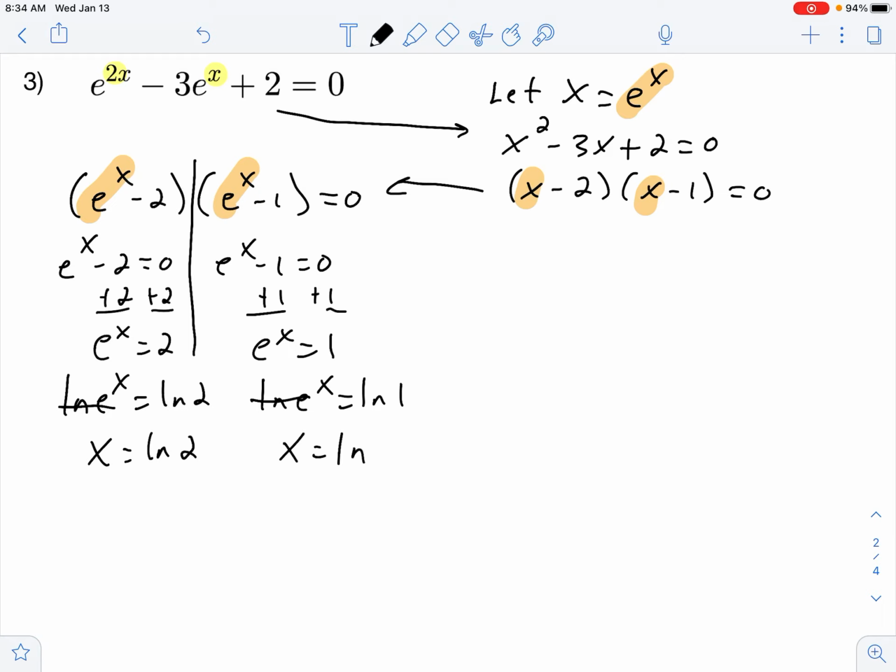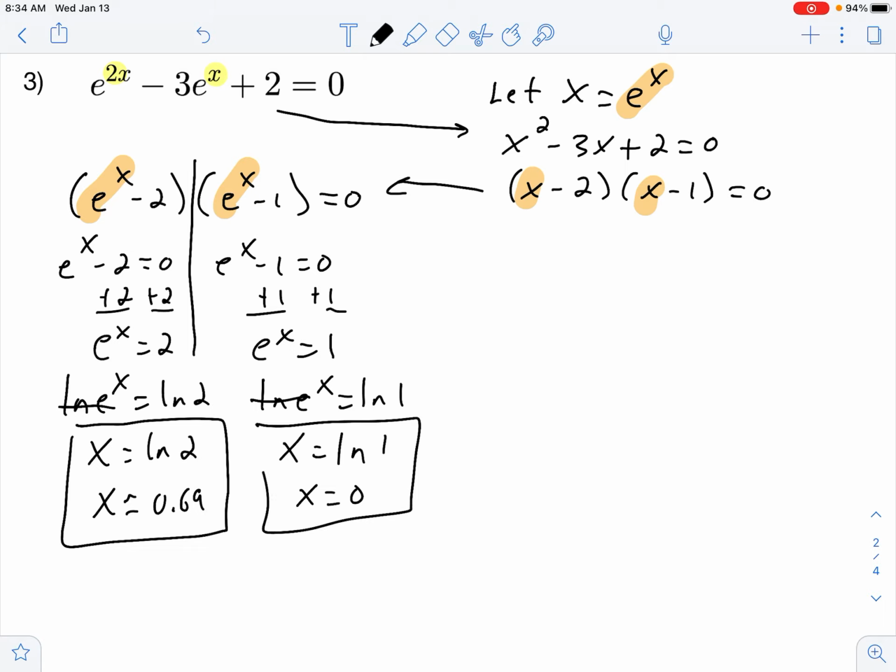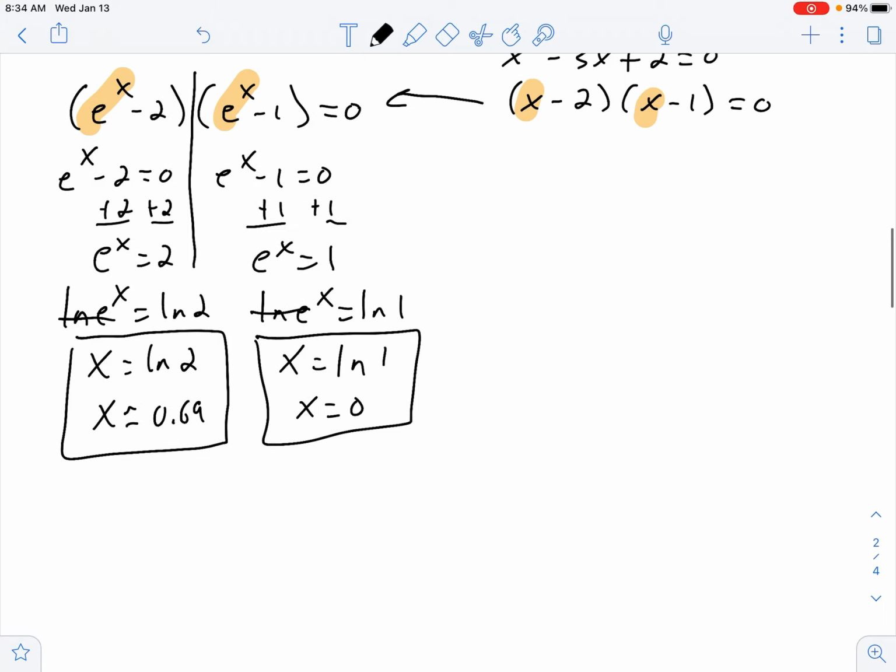And if you were to evaluate this, if you're going to approximate, ln of 1 of course is 0. So we have these two solutions for number 3, and if you plug them in, you would see that it works.